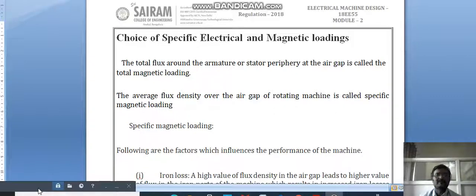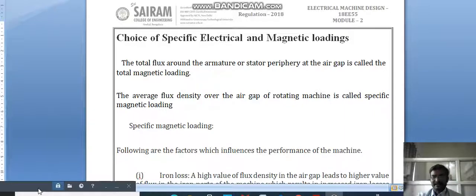The total flux around the armature or stator periphery at the air gap is called the total magnetic loading. In the armature, we have the air gap between stator and rotor.